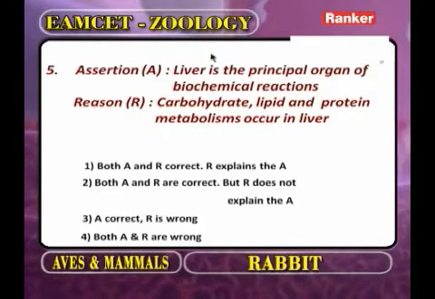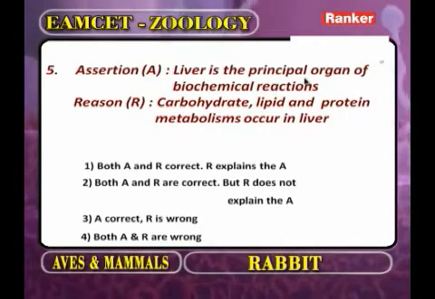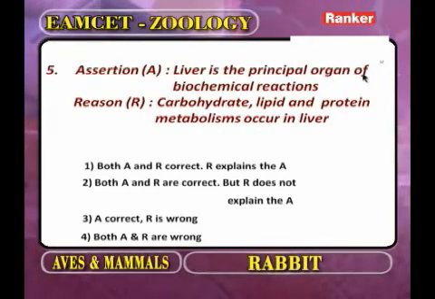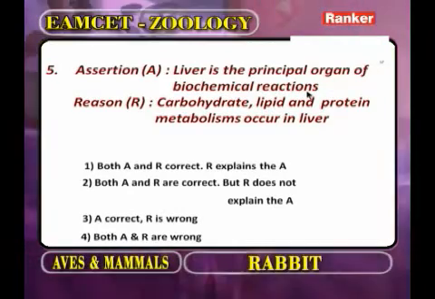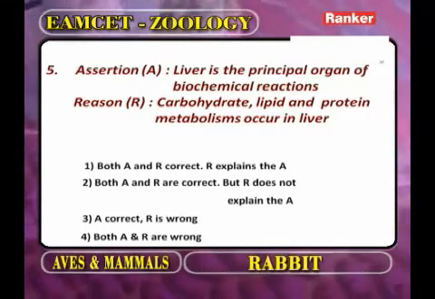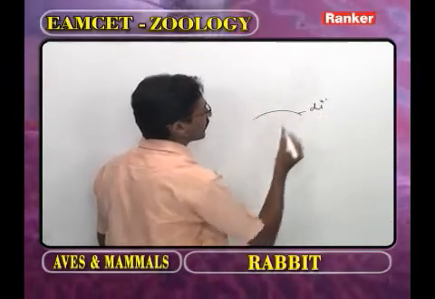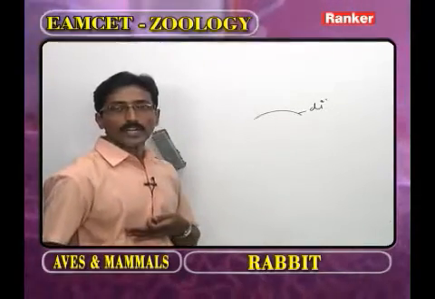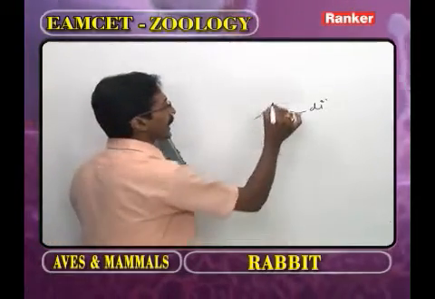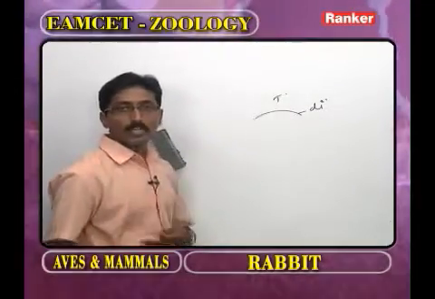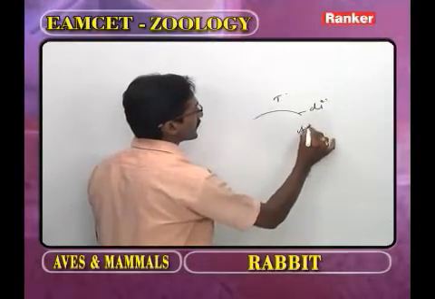Assertion. The liver is the principal organ of biochemical reactions. Now as we observe the liver in case of mammal's body, in our body, this part we call it as diaphragm. Above diaphragm, this part we call it as the thorax. Below diaphragm, what is present?